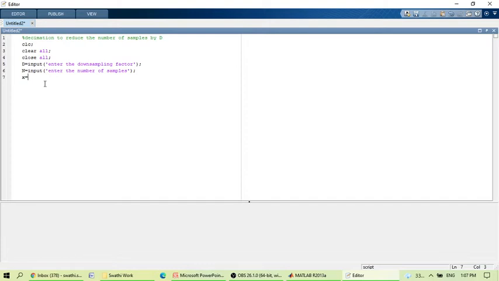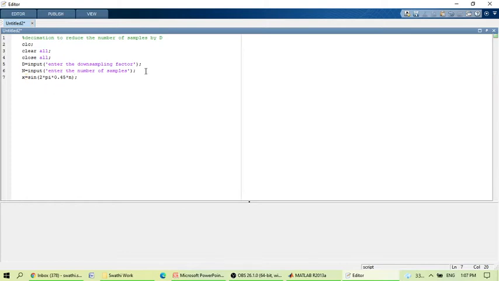So what is x equals to? I am defining an input signal. You can take any input signal, not only sine. I am taking a sinusoidal signal here: sin of 2 pi star, some value, let us say 0.45, into n. Instead of this sine, you can define any input signal.